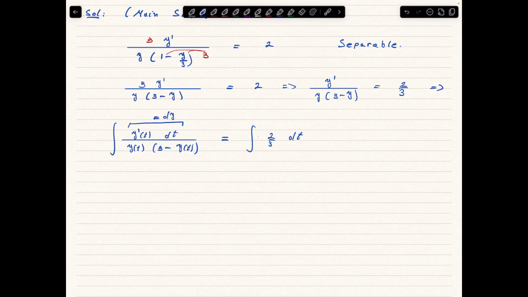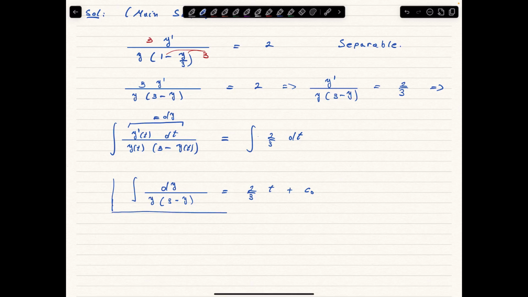So this is the integral of dy over y times 3 minus y, where y is now the variable of integration. And on the right hand side, we can do the integral. This is 2/3 t plus some constant c0. Perfect. Now we need to do one integral on the left hand side, and we are done.